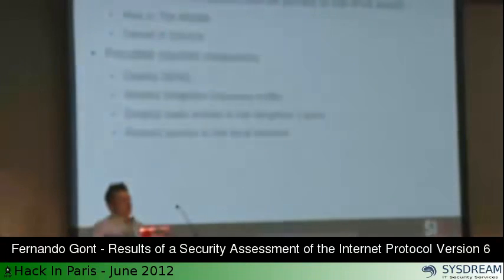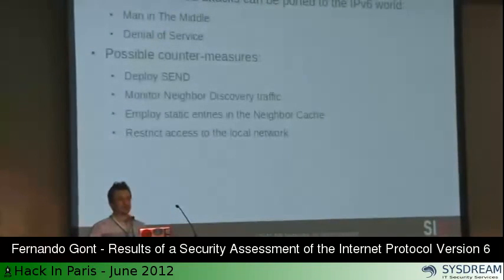So what are the possible vulnerabilities and the corresponding countermeasures for them? Well, it's essentially the same as you have in the IPv4 case. You could spoof neighbor solicitations and neighbor advertisements, so you can essentially perform man in the middle or denial of service attacks. And there are a number of possible countermeasures that you can deploy in the case of V6.